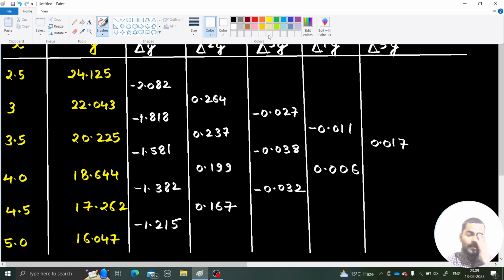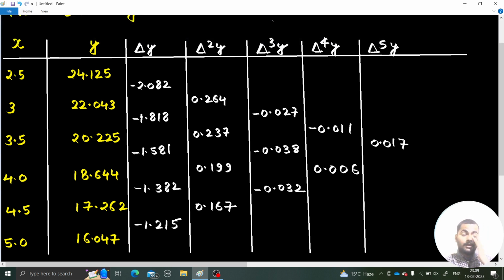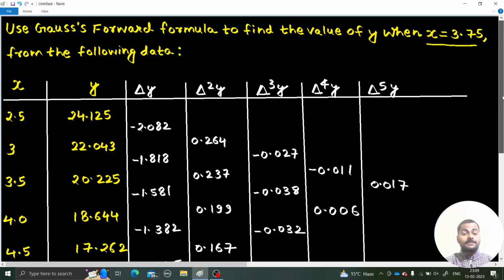Now, according to the question, because it's the Gauss forward central difference formula, and they are asking at x equals 3.75. In forward, take just smaller than, just do the opposite thing.